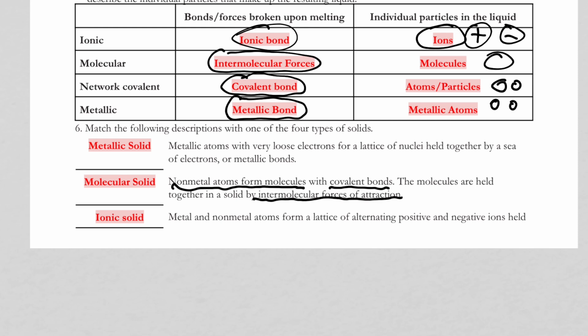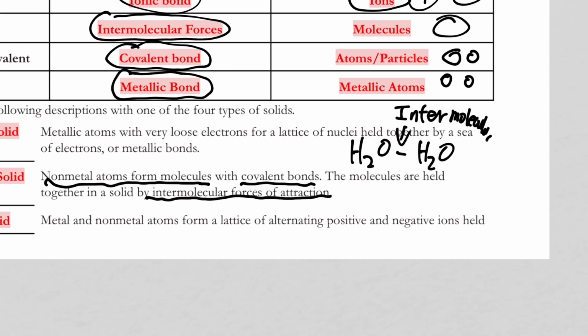So a covalent bond is present in, for example, water, but the connection of one water to another water is intermolecular forces, which is not really a bond, because we talked about the three types, which were covalent, metallic, and ionic, and intermolecular force is not one of them.